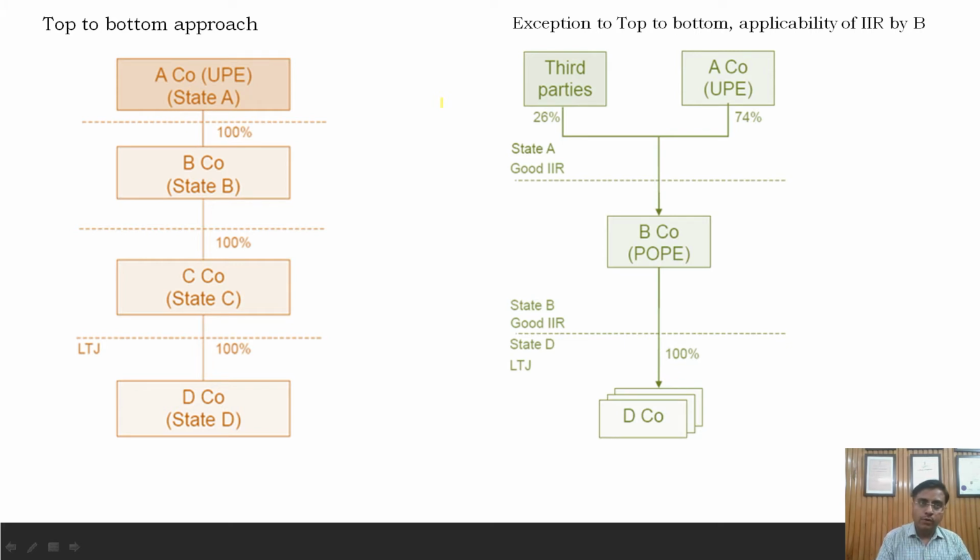The Globe rule follows a top to bottom approach, top to down. Suppose this entity D company is situated in a low tax jurisdiction, does not levy domestic tax, then the ultimate parent entity will adopt top up tax. It will adopt IIR.